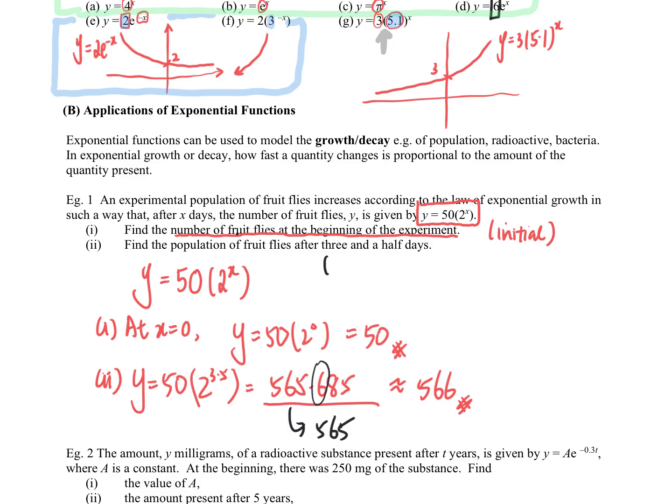If we are talking about actual fruit flies, then at most we can have 565. But if we are rounding off to a certain level of accuracy, 566 is correct also. So both are accepted, but your exam will be very specific.